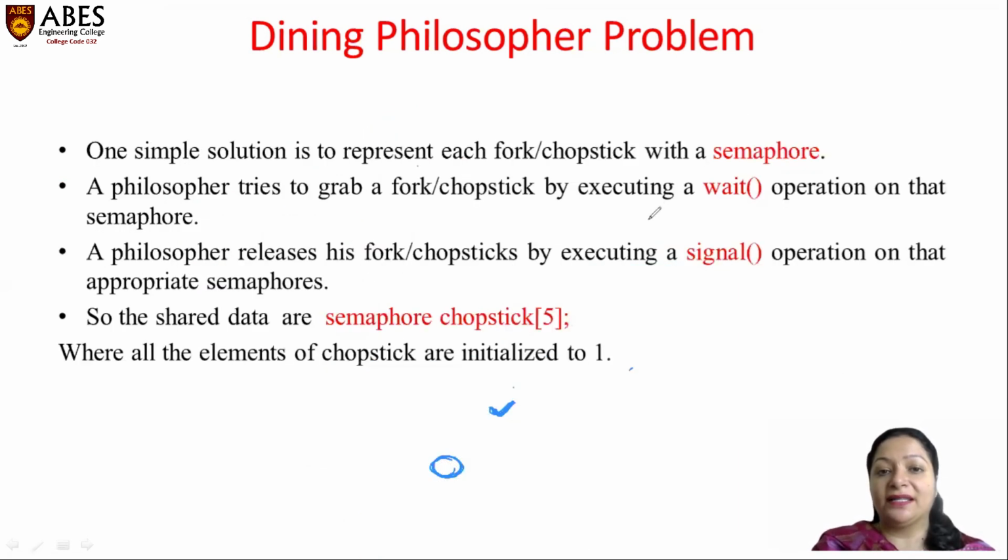Now we need to understand what the problem is here, and why we call it the dining philosopher problem. The problem occurs when two adjacent philosophers are hungry at the same time, then they will try to pick up their chopsticks that are adjacent to them.